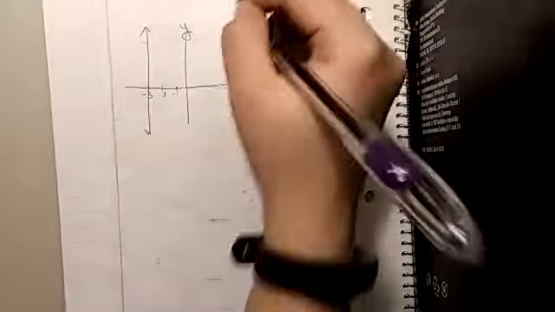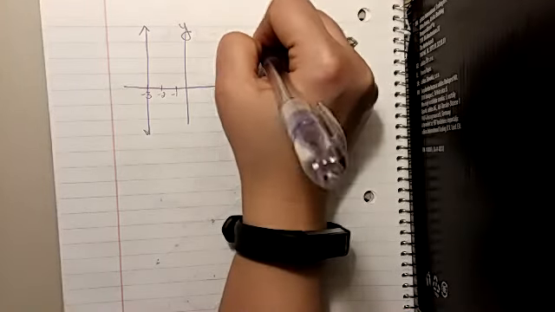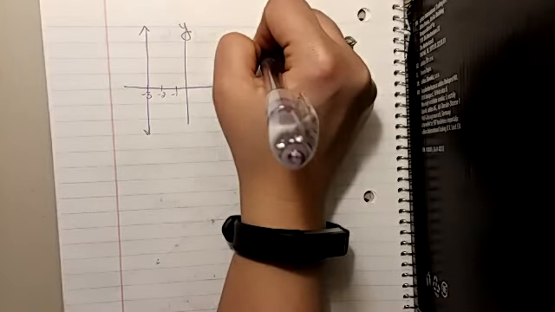It doesn't have a y-intercept. That's important to note. There's no y-intercept. So that means that it's not that it's 0, okay? It's not that it's any kind of value. It doesn't exist. It doesn't cross the y-axis.